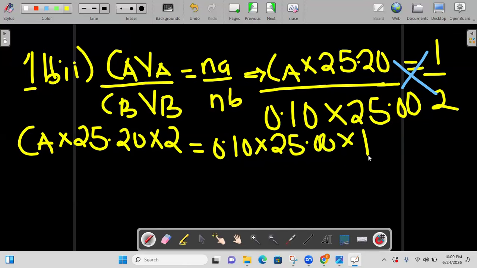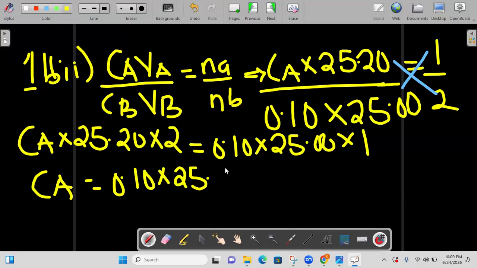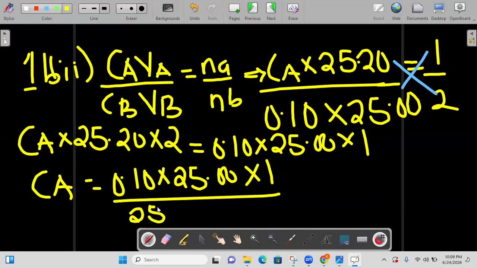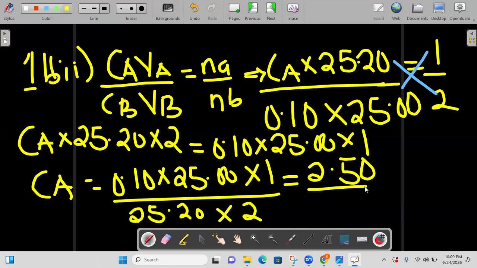So let's make CA the subject of the formula. My CA will be 0.10 times 25.00 times 1 divided by 25.20 times 2. If I multiply the numerator, I get 2.50. If I multiply the denominator, 25.2 times 2 gives 50.40.